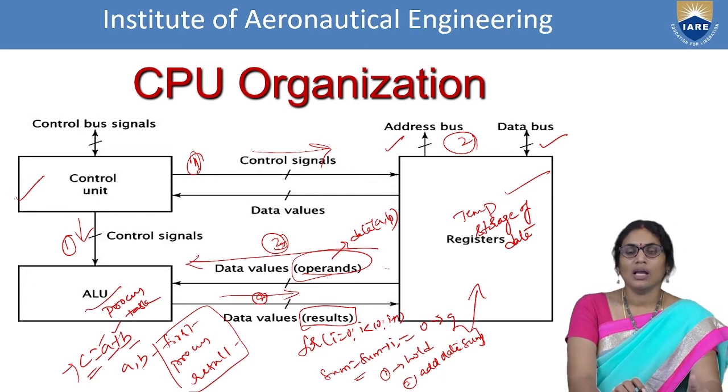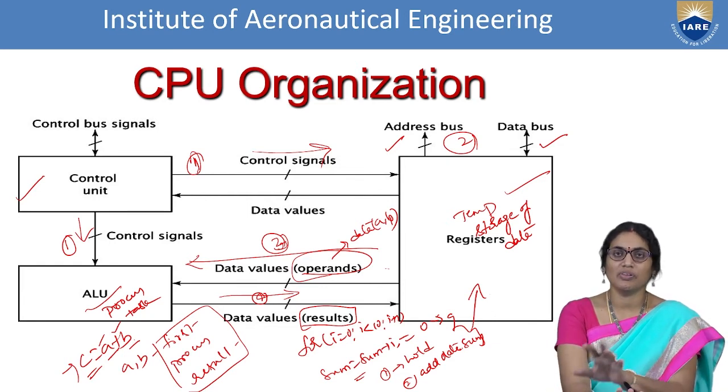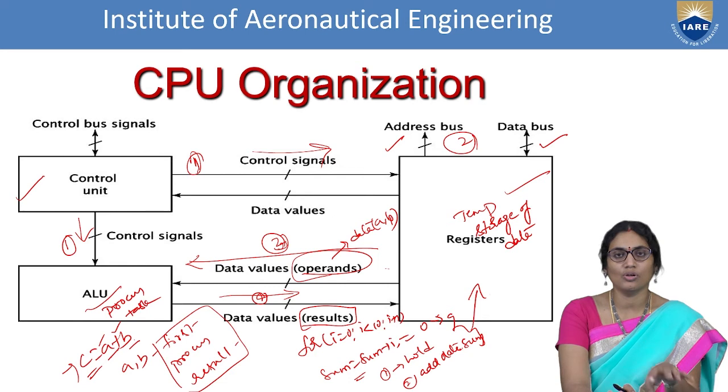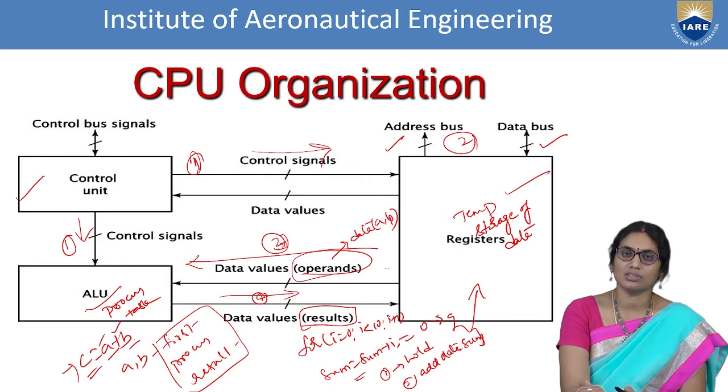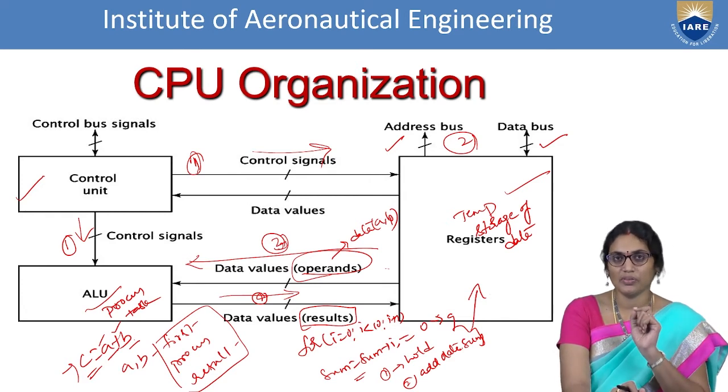Now, as part of the control unit, we have initiated the data to the registers. We have initiated the control to the ALU, stating that it has to get the data from registers, process it, and present the result back to the registers. Now, in order to initiate this control, we again need some sort of operations, so that whether you are accepting data from a register or sending back to a register, it should be enabled with a signal.